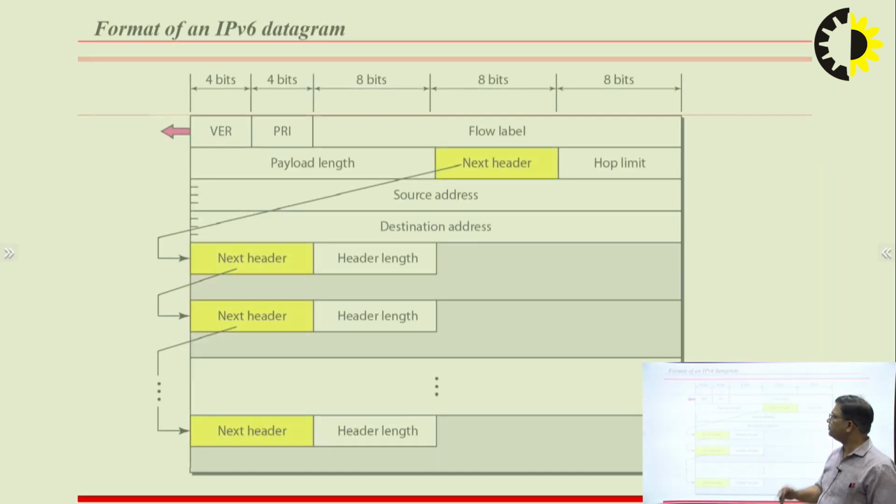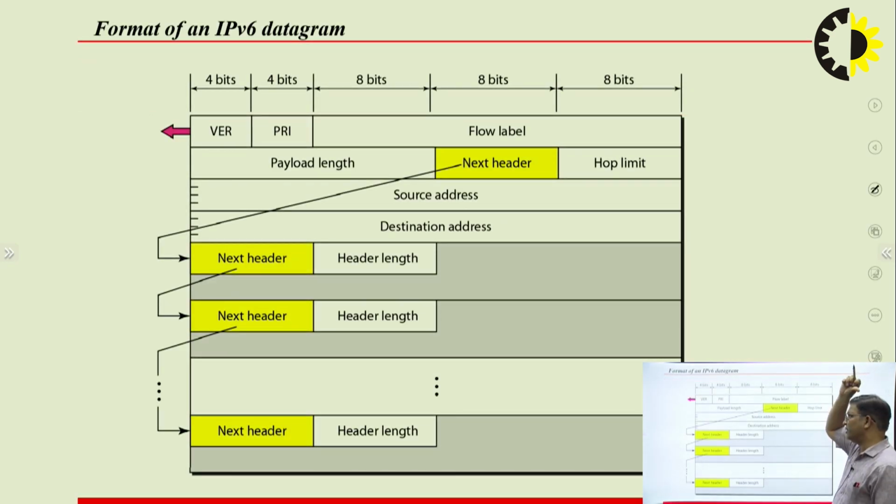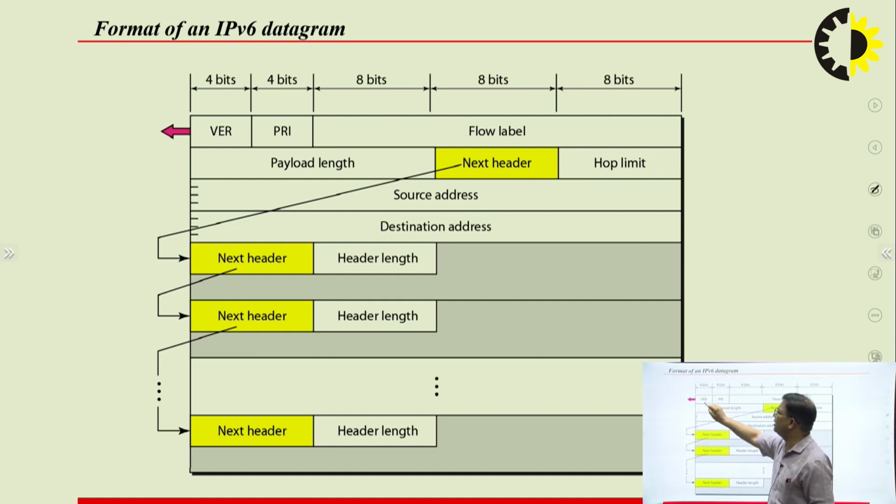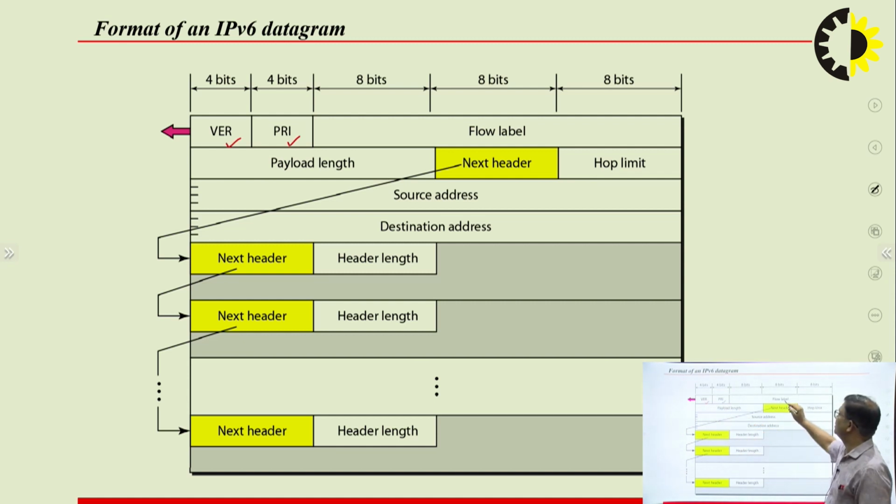So this is the IPv6 header format. The version field is kept the same. This is the priority bits, this is the flow label, this is the payload length, hop limit, next header, source and destination. This is small, while in IPv4 there are several fields.